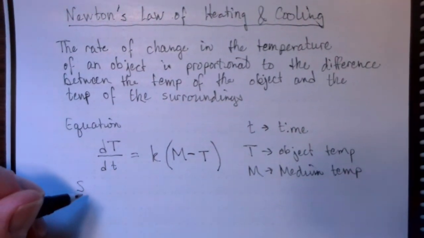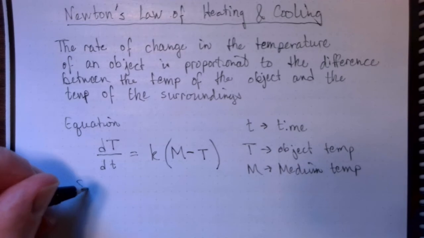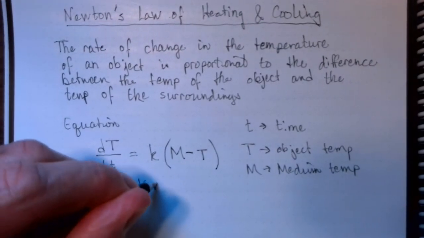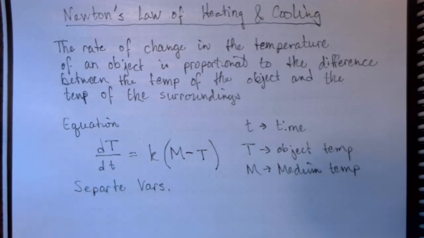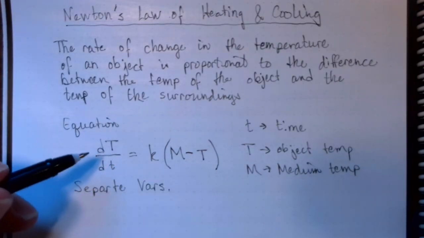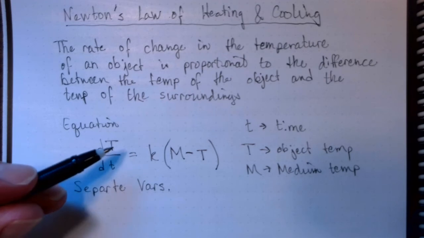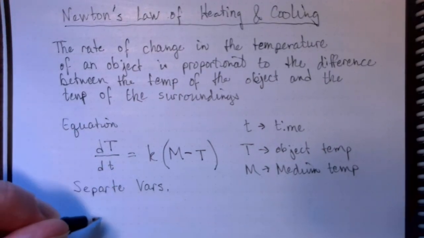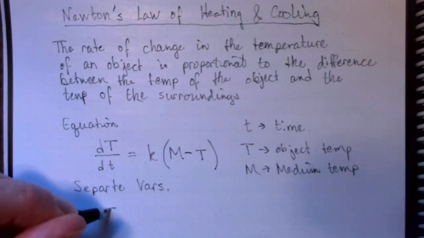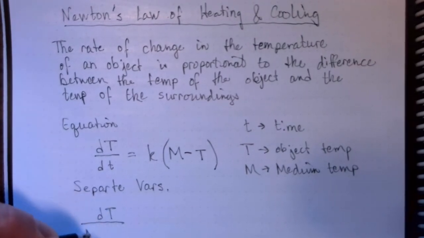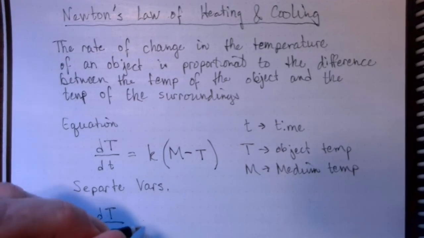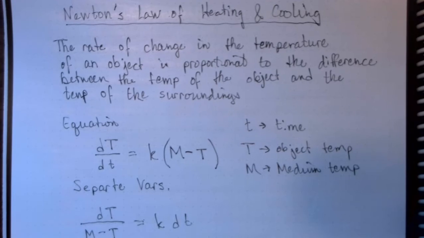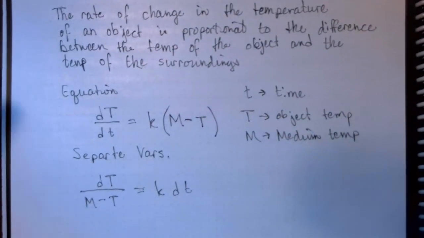Okay, so this is another differential equation that can be solved by the separation of variables. Now we have to make a careful distinction between capital T and lowercase t because they stand for different quantities. But the strategy is the same. I get everything that has a capital T to one side and everything that doesn't have a capital T over to the other side.